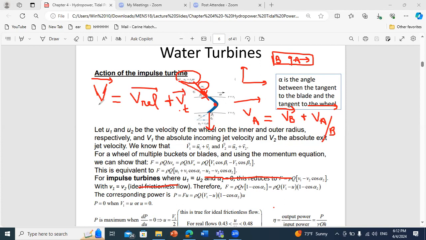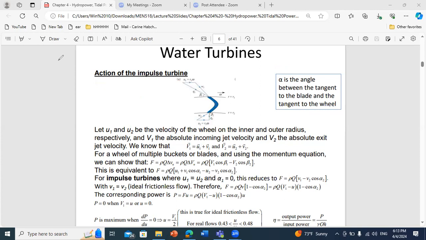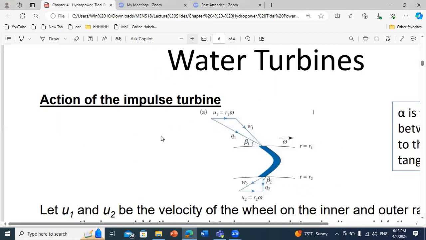Okay? So for example, if we look at the following figure again, if we zoom it a little bit, we have an inlet, and we have an outlet. At the inlet, this is the velocity of water relative to the blade. So this is V water relative to blade. And this is the velocity of this point on the blade.